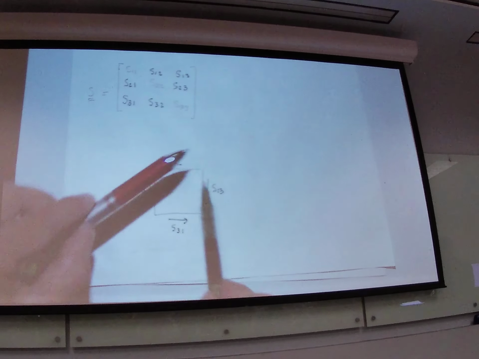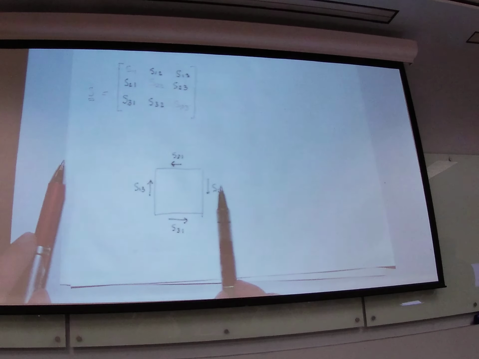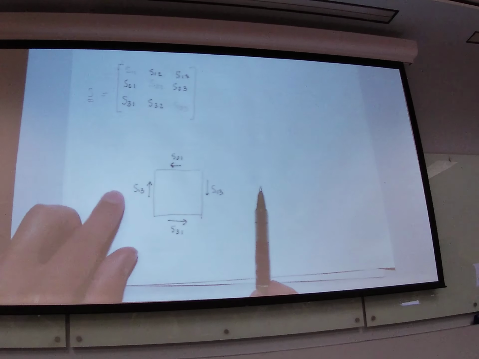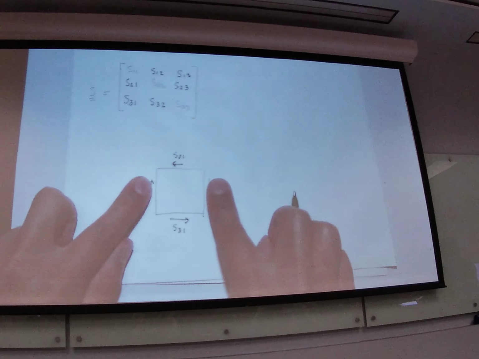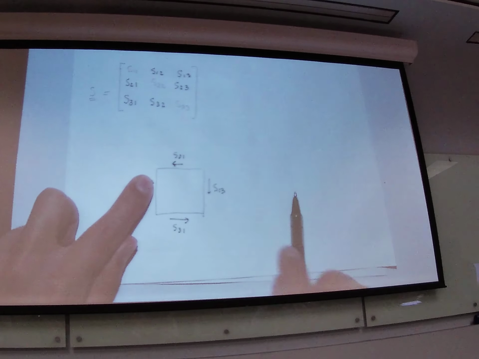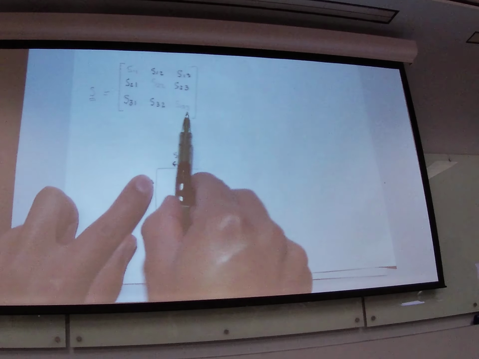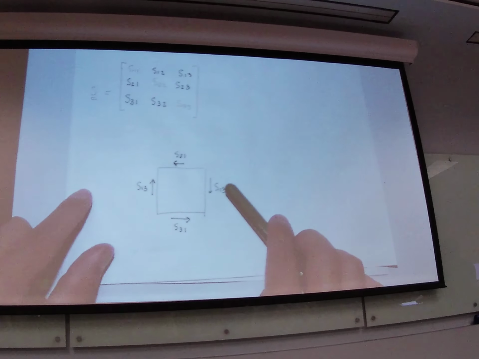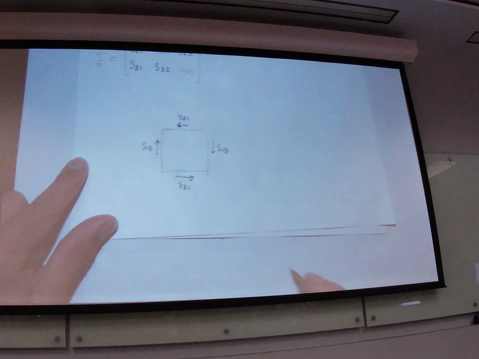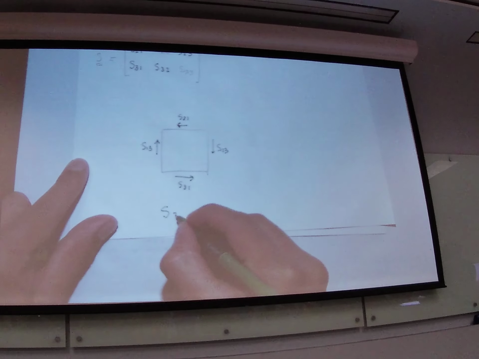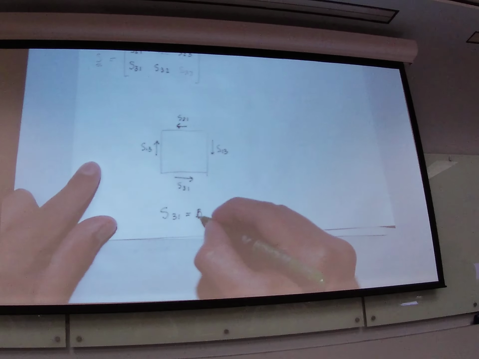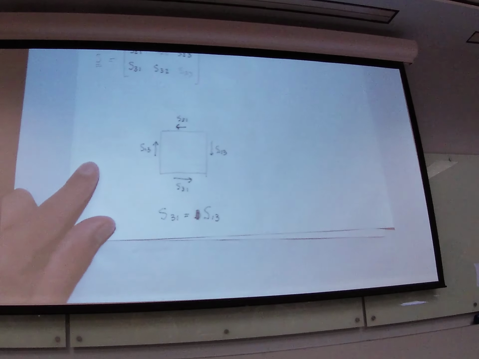Only when those are the same, the solid is not going to rotate. For example, let's say that we don't have these two. If we don't have these two, the solid will rotate counterclockwise. We just do like that all the time. But since it is in equilibrium, S31 has to be the same as S13.